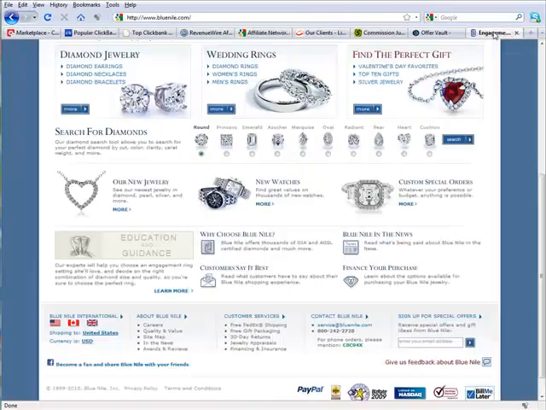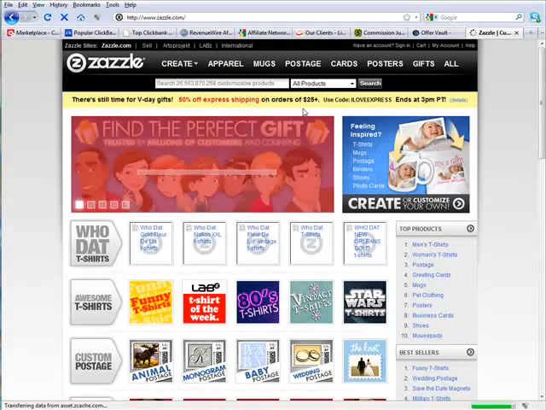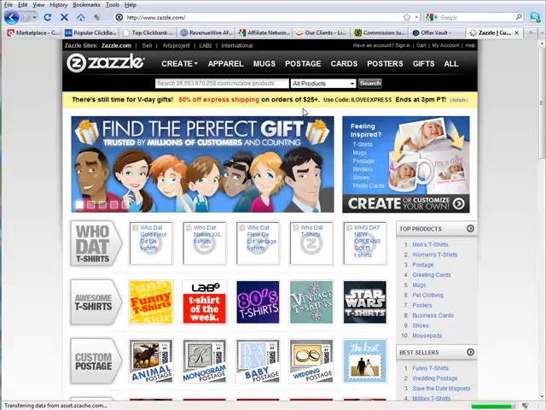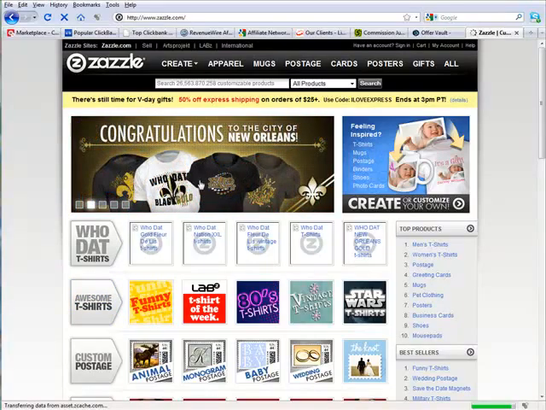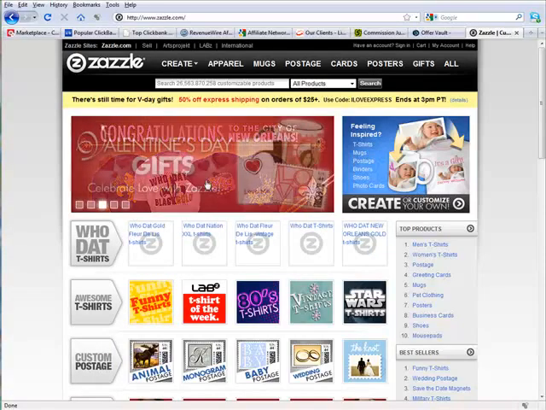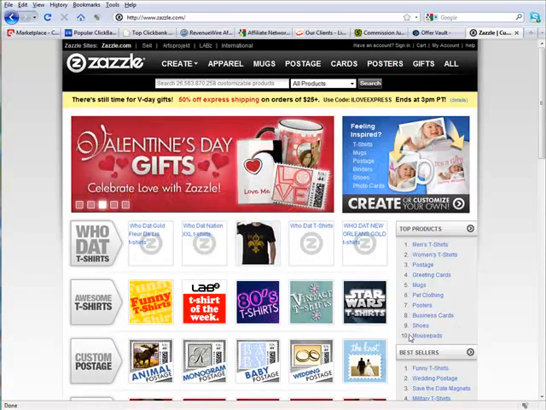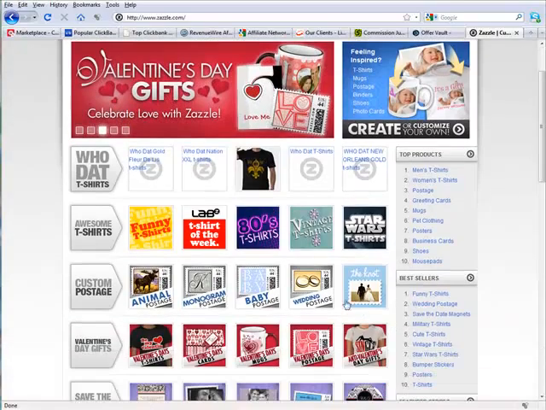What's Zazzle? Oh, okay. Oh, neat. Okay, so it's kind of like silk screening and things like that. So the New Orleans Saints recently won the Super Bowl, so people can purchase shirts related to them. There's Star Wars and vintage t-shirts.